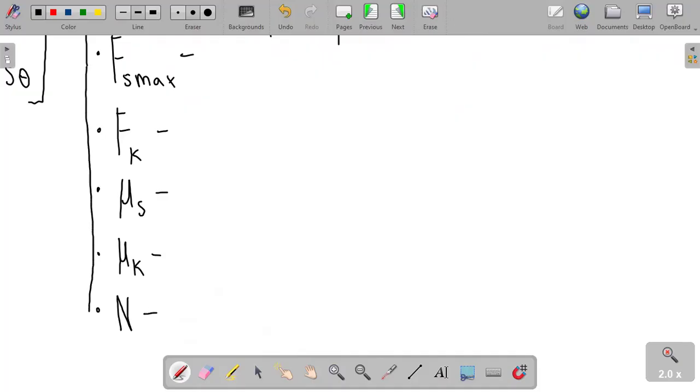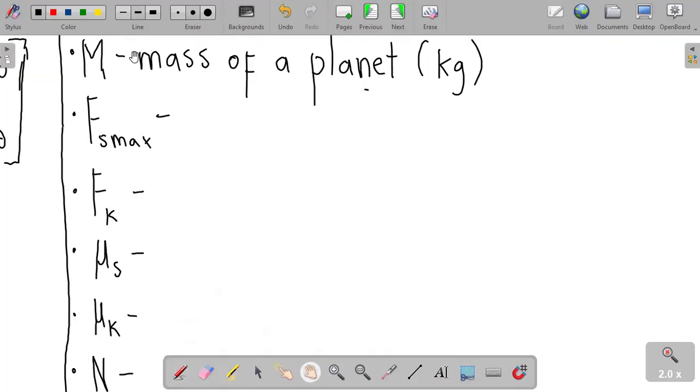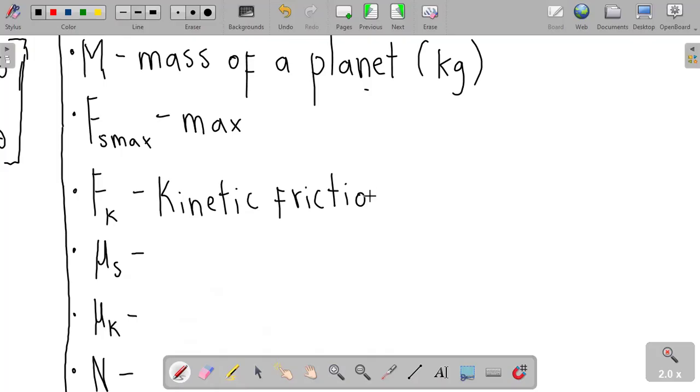Fs max is maximum, and then K here is kinetic friction. The kinetic friction is measured in newtons.